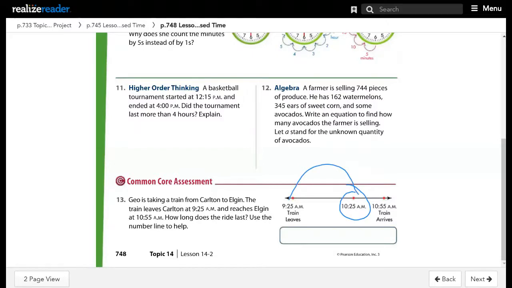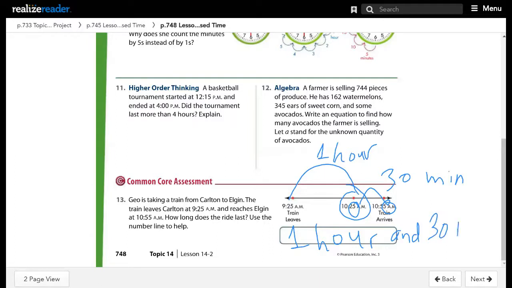From 25 to 55, we have 25 plus what? 55 minus 25 is 30. So we have 30 minutes. So 1 hour, 30 minutes. We can write it here. The elapsed time is 1 hour and 30 minutes.